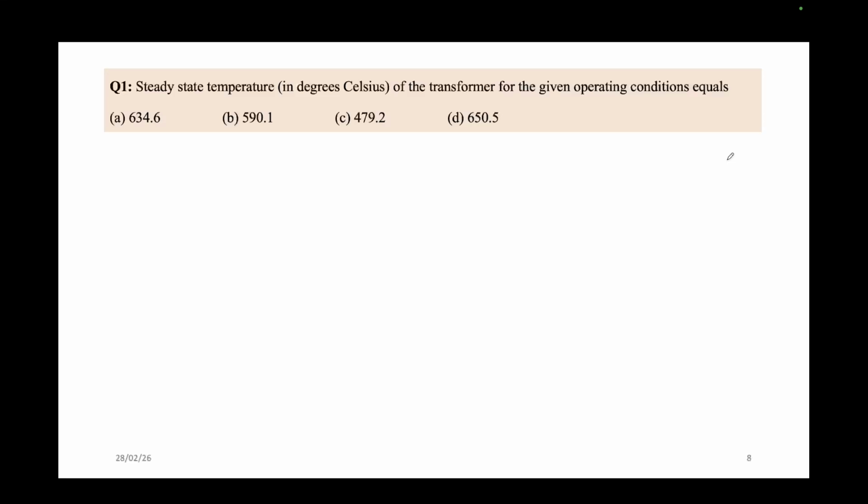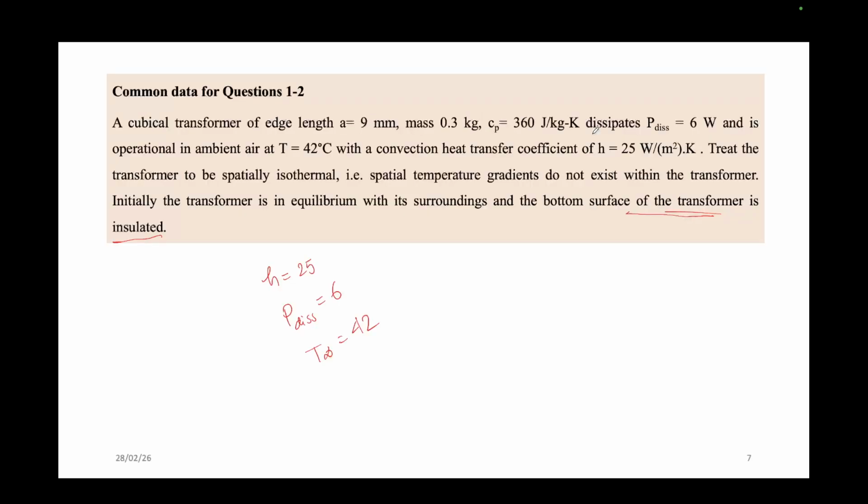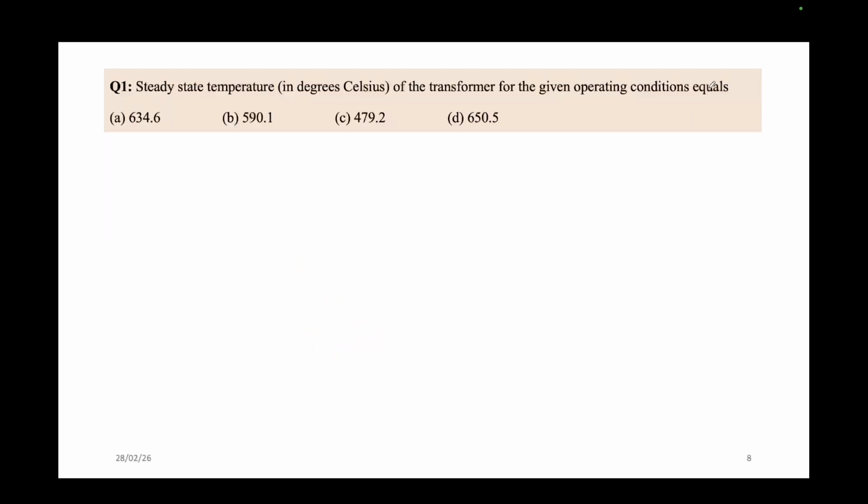So at steady state, this heat dissipation, from the energy balance, is mainly because of convection, right? Which is basically h times area times (T minus T infinity). So you need to find this T.